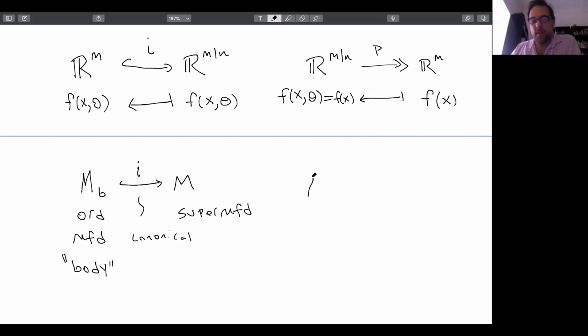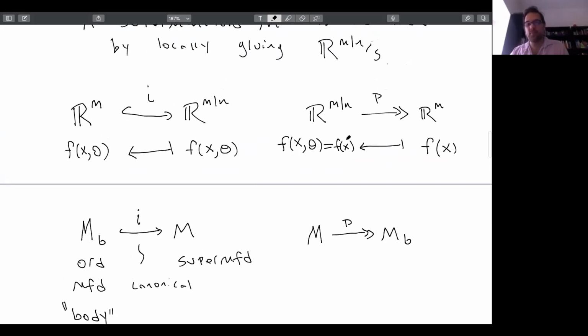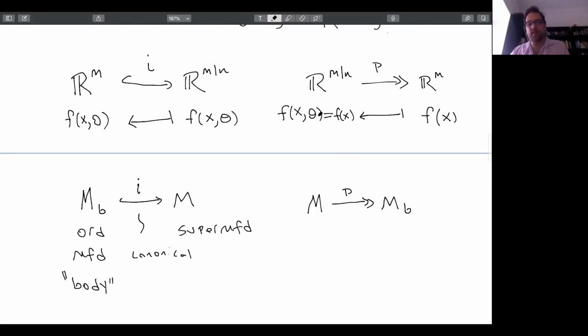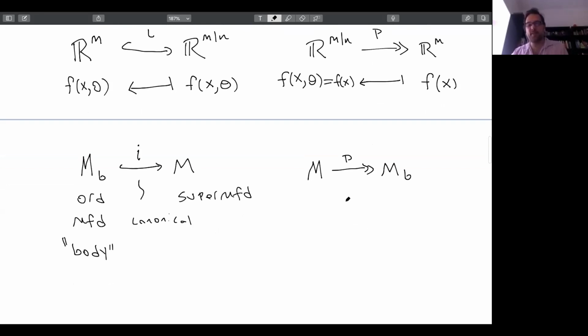But the map going the other way, the projection map down to the body, this can't just be globalized from this prescription. You can kind of see why here, because we're finding functions that are constant in theta, and being constant, you need something like a connection to think about it globally. So this, while it does exist, is not canonical.